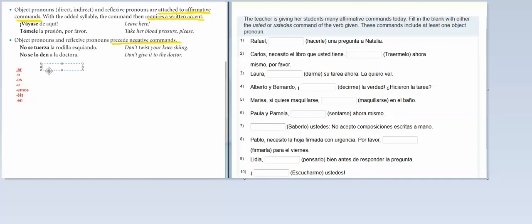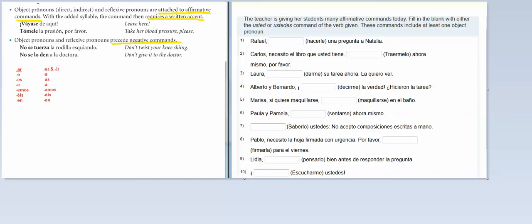And for ER and IR verbs, the subjunctive endings are A, AS, A, AMOS, AIS, and AN.